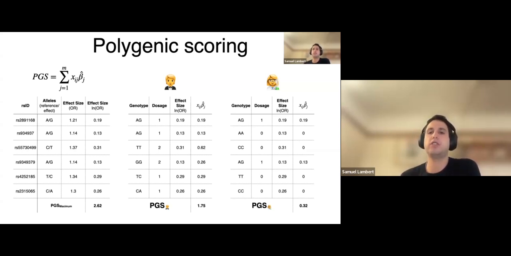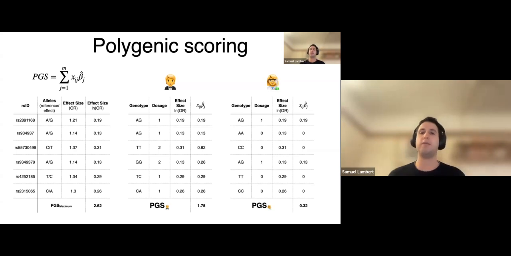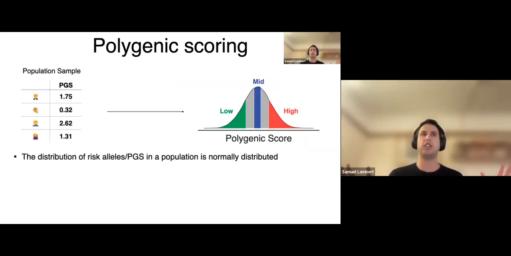So what you need to do is to look at polygenic scores in a population of people. If we calculate a polygenic score for a bunch of different people who are of the same genetic ancestry, you would see that the polygenic score forms a normal distribution in the population.